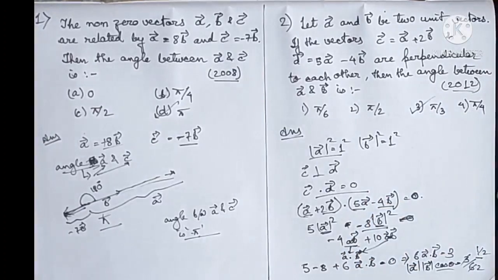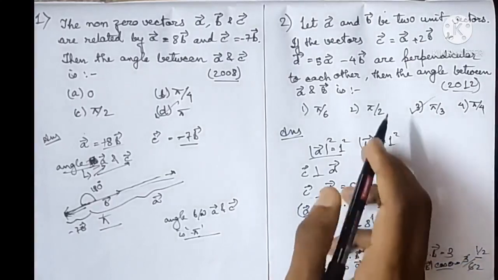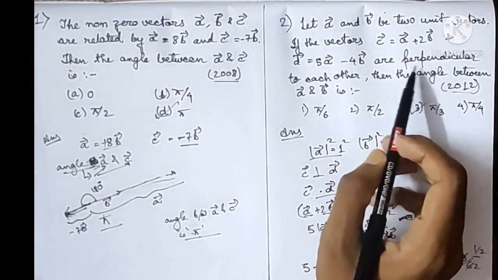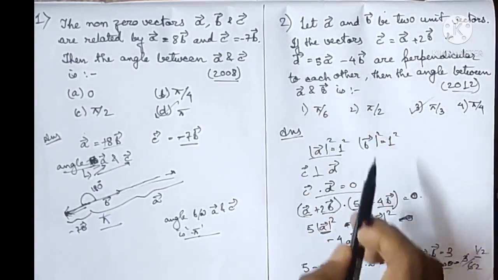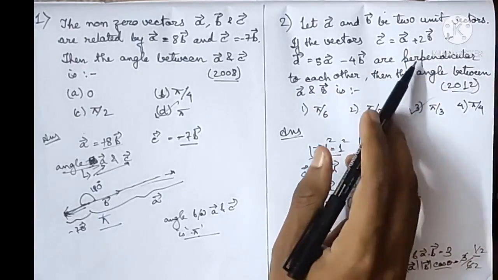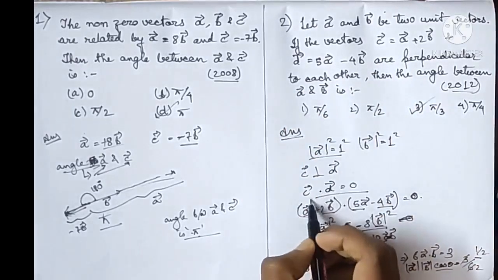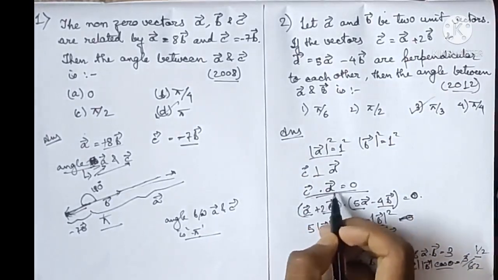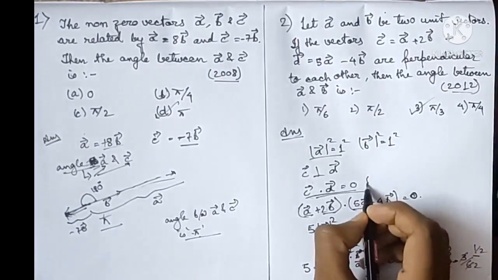So like this you have to find it. At first, here we have seen the approach for this question: if it is mentioned that two vectors like C and D are perpendicular, then we can always use that the dot product of those two vectors must be 0, because cos 90 degrees is equal to 0.